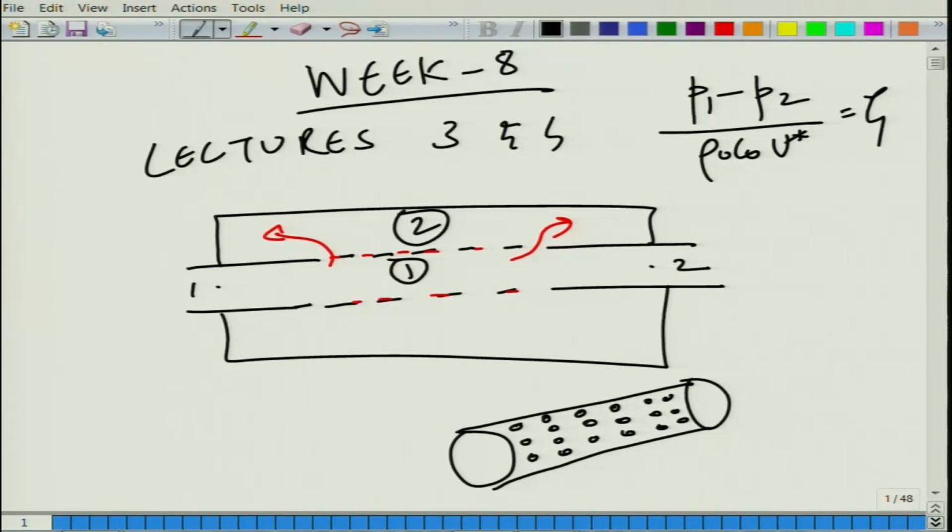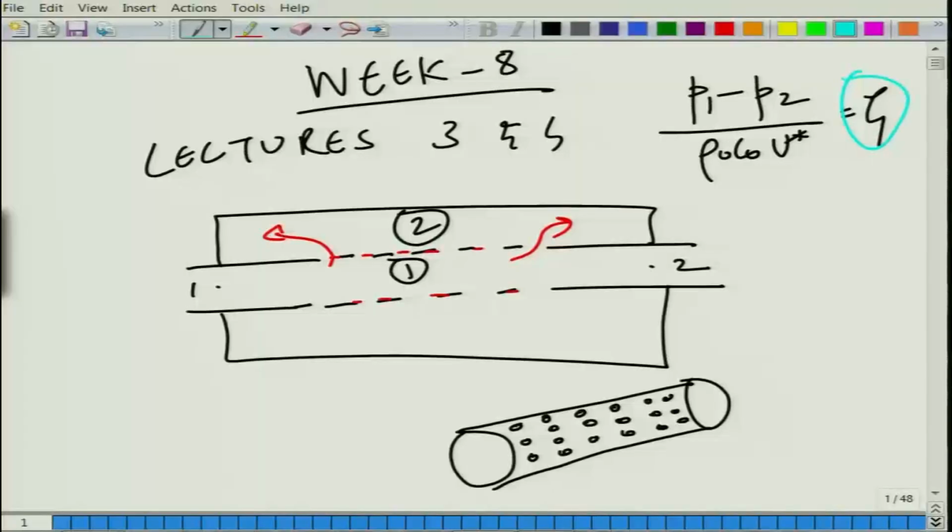In this course, to be very honest, it is almost impossible to cover all of them, and it is also difficult to give you a proper chronological historical account of the development of such expressions. But what I am going to do is talk about 3 or 4 of the important expressions used by different groups of researchers worldwide.